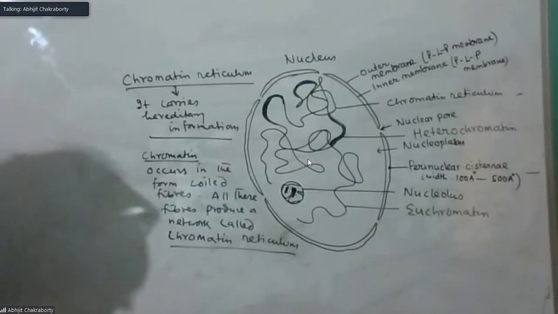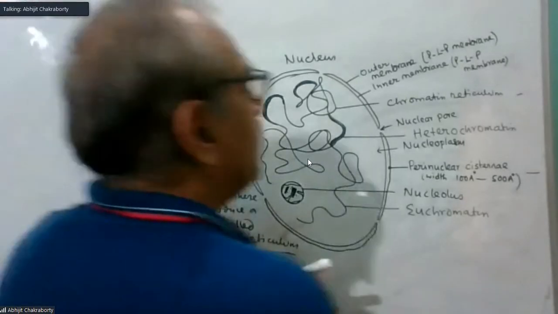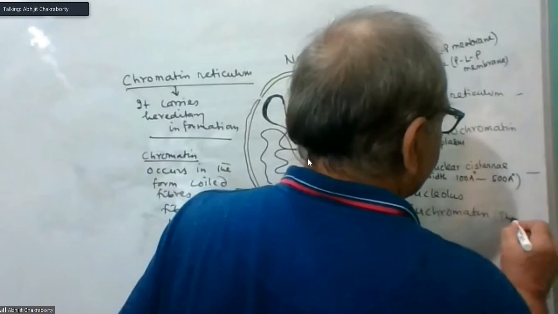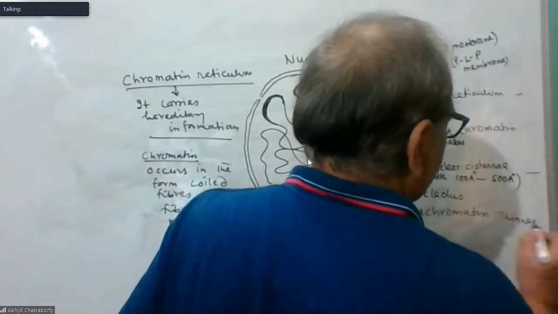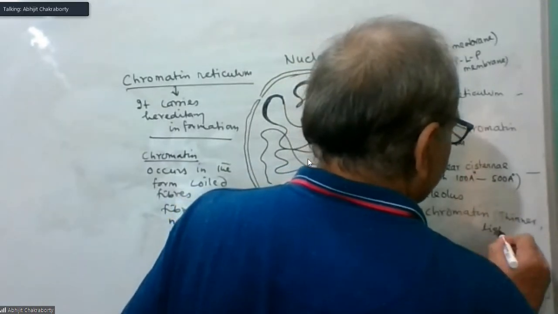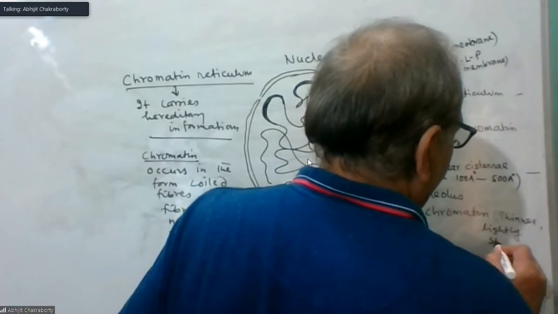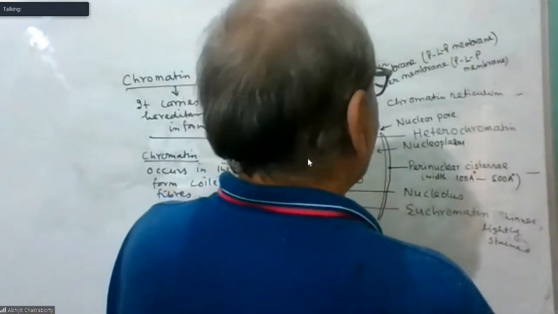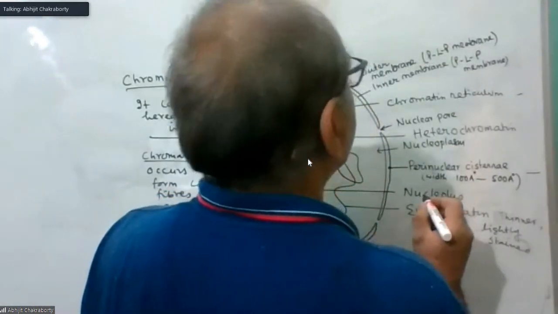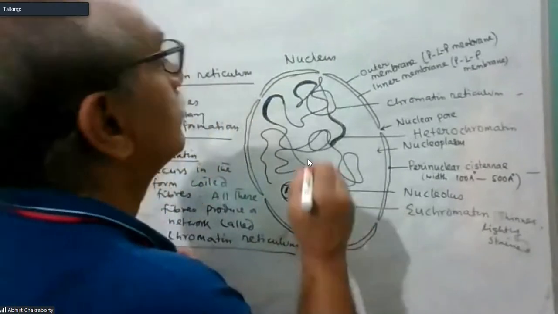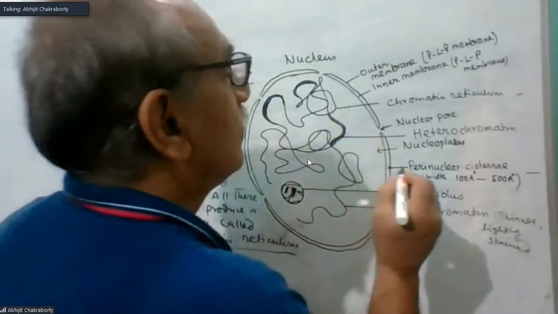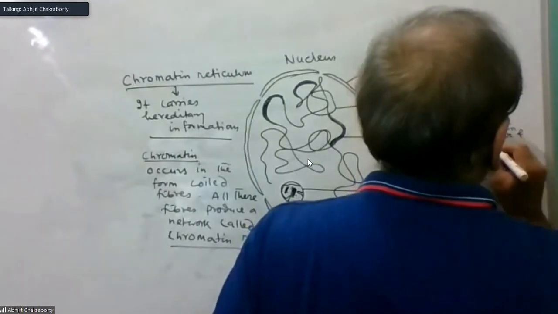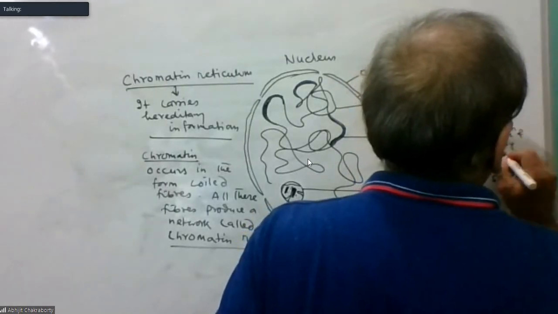That's why you can say that euchromatin is thinner and lightly stained, and heterochromatin is thicker and darkly stained.